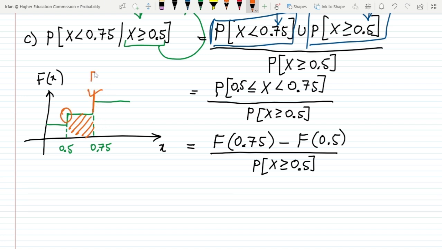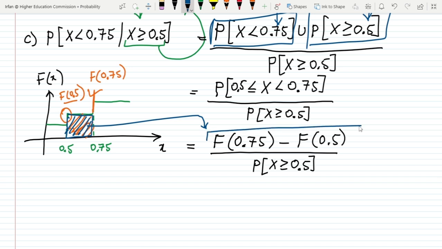Okay, so this is F of 0.75 and this is F of 0.5. So subtracting from this one, I will get this area, which let me identify in this blue color. So this blue color is basically showing me these ranges. I hope you have found out my point.